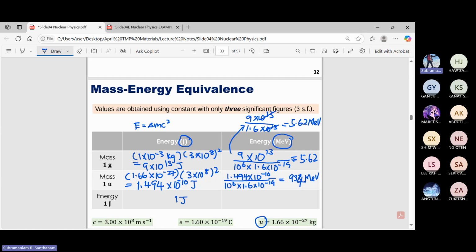This is calculated by using the formula E equals mc squared. So if 1U is able to give you 934, if the mass defect is 2U, how much? Times by 2.